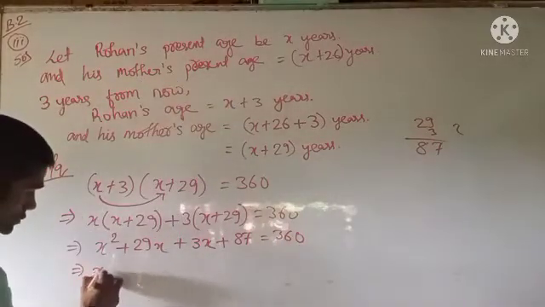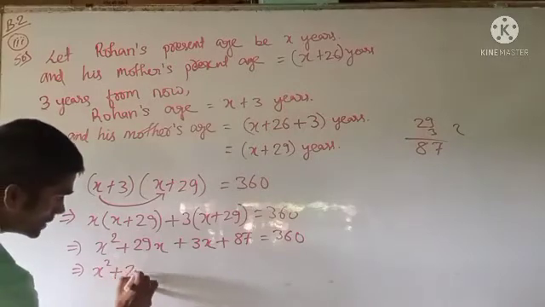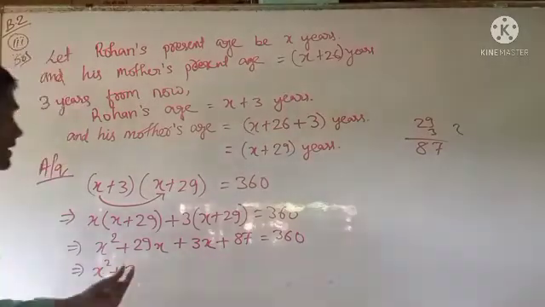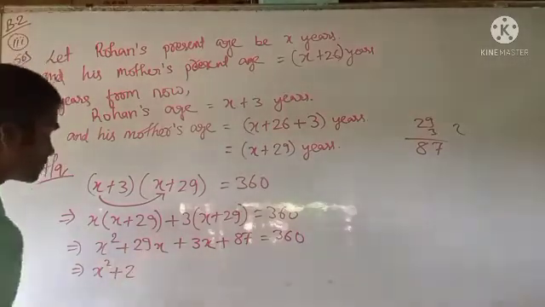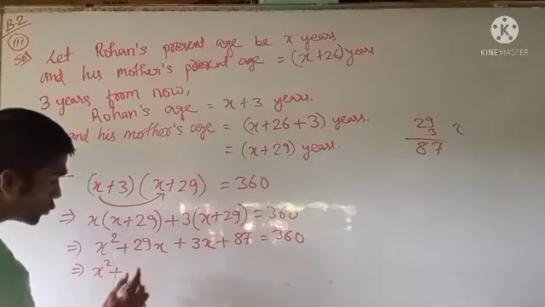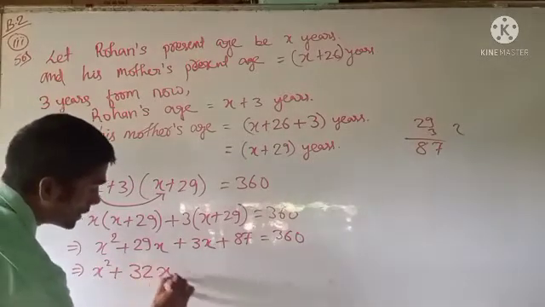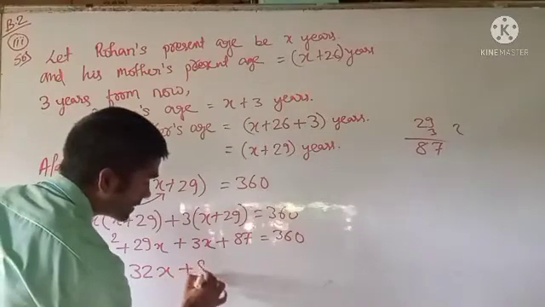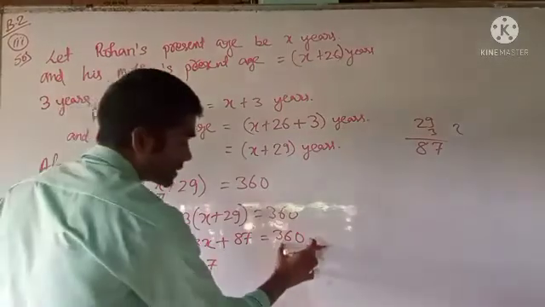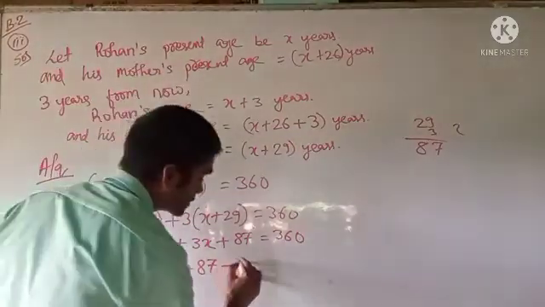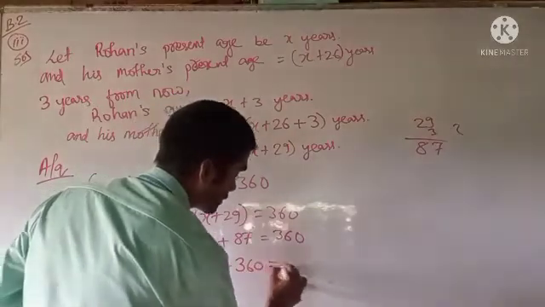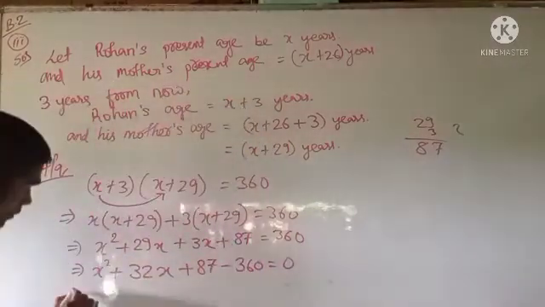Now x square plus 29x and 3x, we can add them. So 29 plus 3 will get 32x. So x square plus 32x plus 87. Let us transfer 360 to the left, so it is equal to 0.